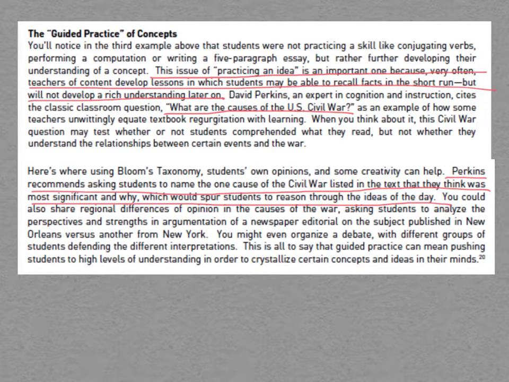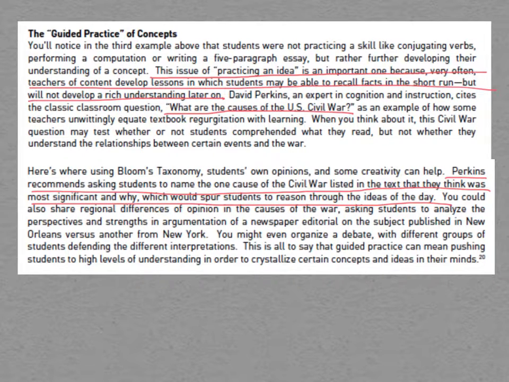If you want students to get a deep, rich understanding of the topic and really remember it, you're going to have to do things a little differently than just recalling facts. Let's take the example of what are the causes of the U.S. Civil War. You could list all the causes, you could read a textbook and regurgitate that information, but that's not telling you whether you comprehended the reasons. It's telling you, did you read and understand what you read?